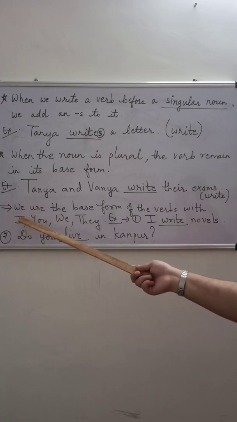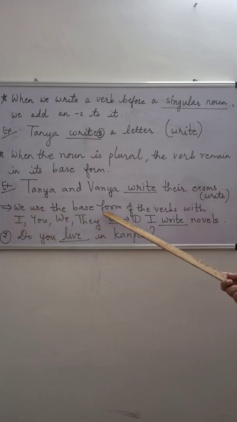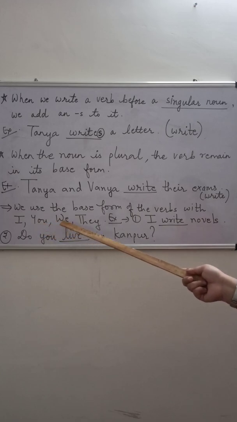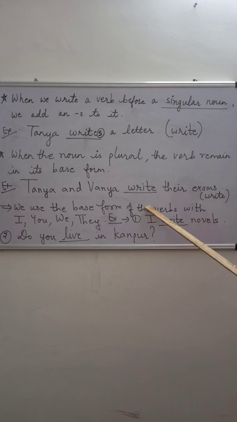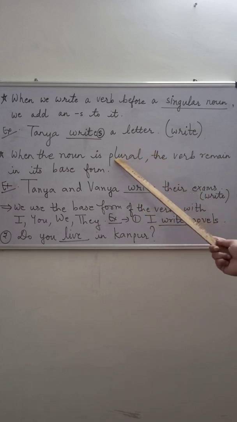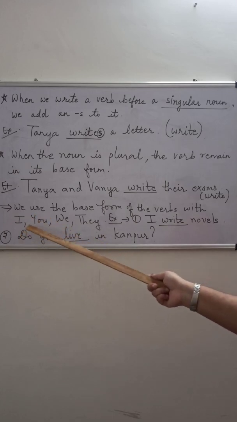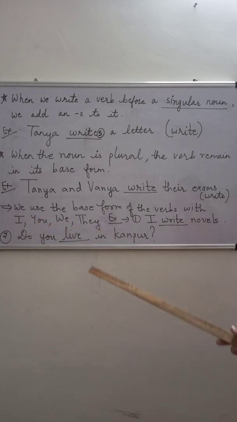Now see this. We use the base form of the verbs with I, you, we, they. So when do we use the base form of the verb? We use the base form of the verb with plural nouns and with I, you, we and they. Let us see this example. Example number 1. I write novels.